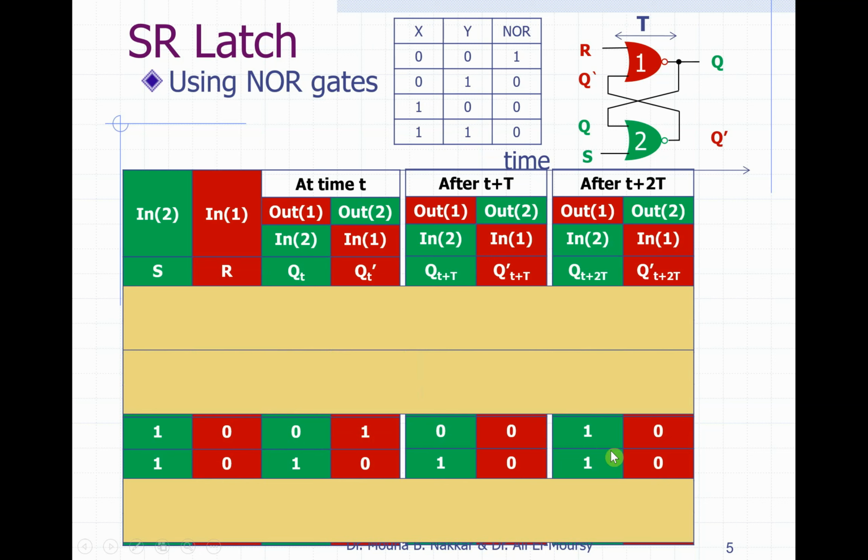That means no matter what the original value of Q is, after 2 tau the circuit stores the value 1. That means I am setting or writing to the memory cell the value 1. So SR 00, I am reading. SR 01, I am writing 0. SR 10, I am writing 1.